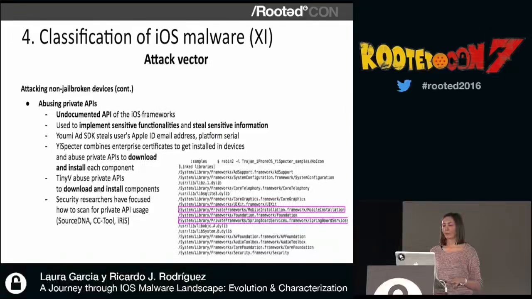Besides, YiSpecter did a bypass of the Apple Store, because Apple in its review process only checks the libraries you are uploading, statically, through a static analysis. You are calling libraries and APIs privately.